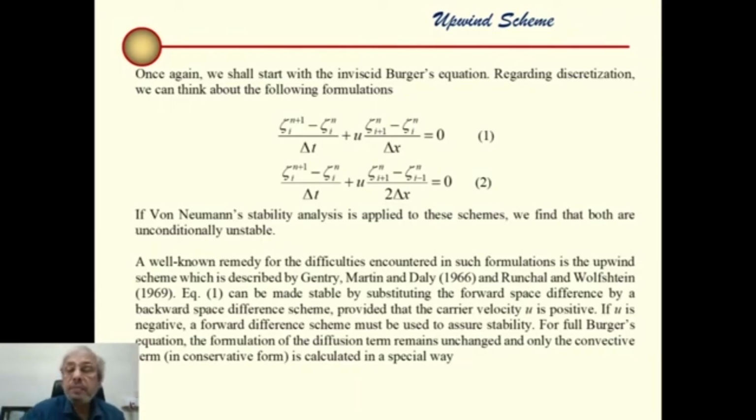I have given the names of a few scientists. One is Gentry, Martin, and Daly. Again, this group is from Los Alamos, and Rauchal and Wolfstein. Again, both of them were at that time at Imperial College. Although Rauchal is an Indian, many of you might be knowing him. He was at Imperial College. Wolfstein is from Israel basically.